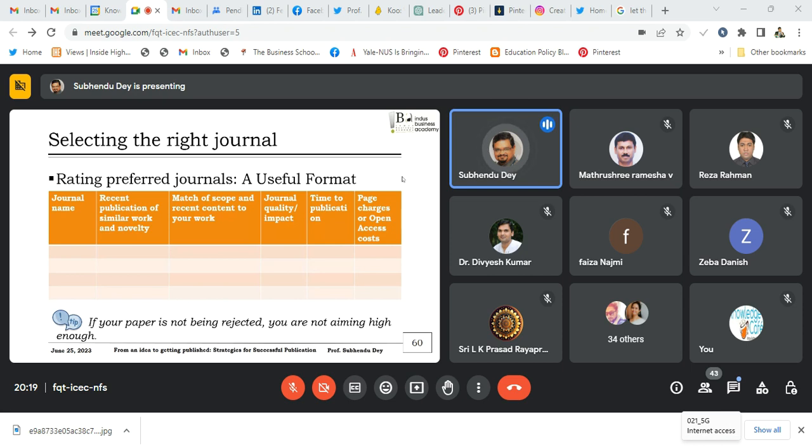So the editor immediately wrote back saying that I remember your paper. The paper proposition was very interesting. However, if you have put in enough work on the methodology side, we would like to look at it. And we were really happy when we received that correspondence.